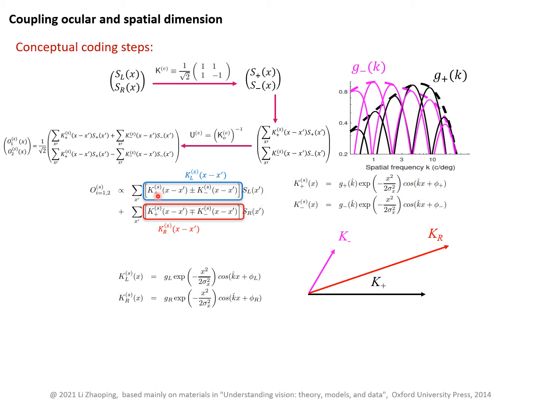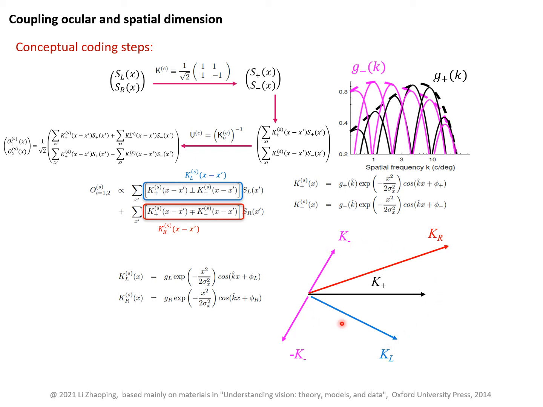To get the filter for the left eye, we need the negative of the K minus filter, and this is the one. Same amplitude as that one, except in the opposite phase direction. So adding these two together, we get this Gabor filter for the left eye's input with this amplitude and phase direction.